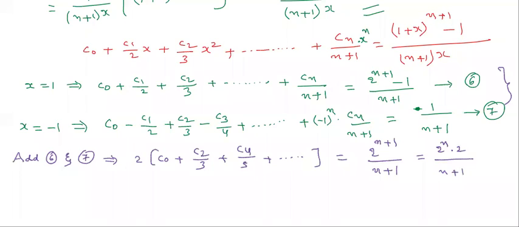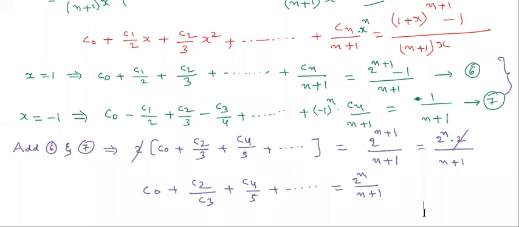Left hand side 2, right hand side 2 is going to cancel. Finally, we get C0 plus C2 by 3 plus C4 by 5 plus and so on. What is the answer now here? 2 power n by n plus 1. If you are adding 6 and 7, you are getting this formula.